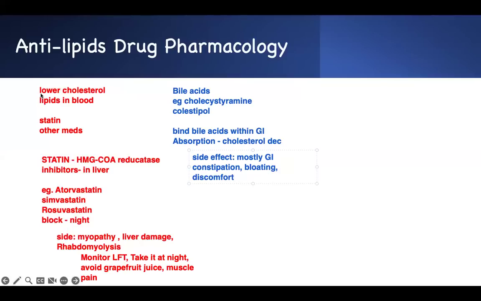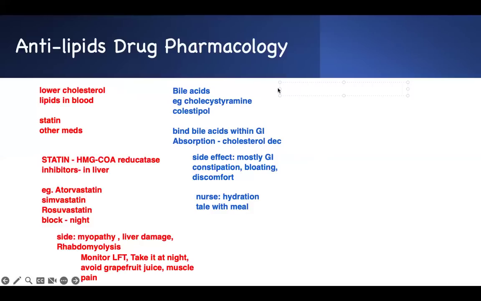You slow things down, it absorbs the bile acid and makes your stool harder, causing constipation, bloating, and discomfort. So the nursing intervention you should know: if it causes constipation, drink a lot of water, hydration, so that you don't get constipated. And you take it with a meal so that it can pull the bile acid from your food. That's all you need to know.